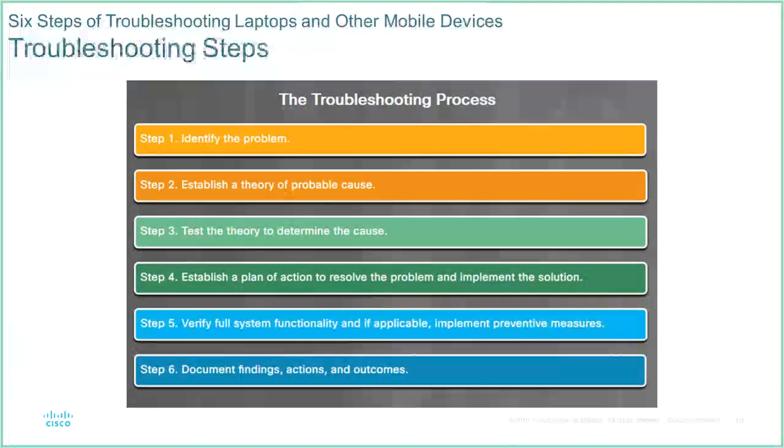Test your theory. Establish a plan of action to implement your solution. Verify that your solution worked. If it did, document it and put in preventative steps to stop it from happening again.